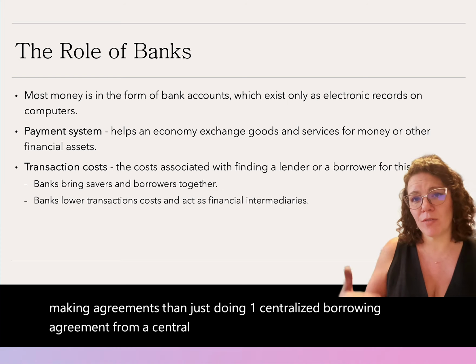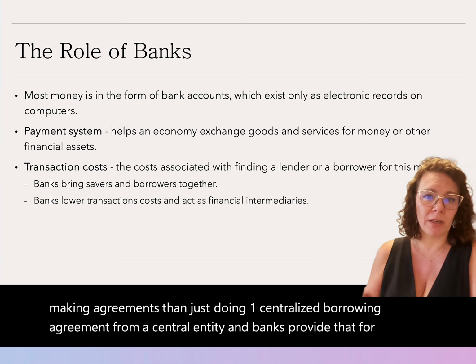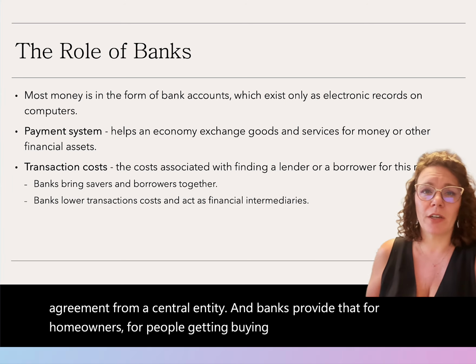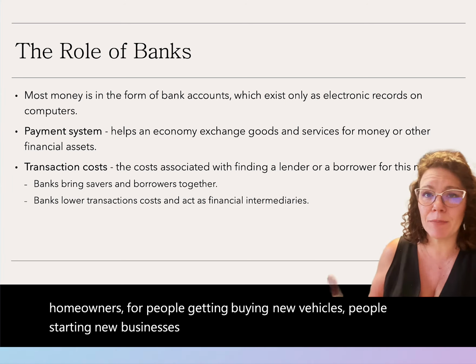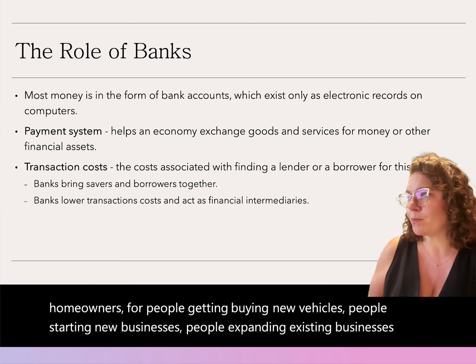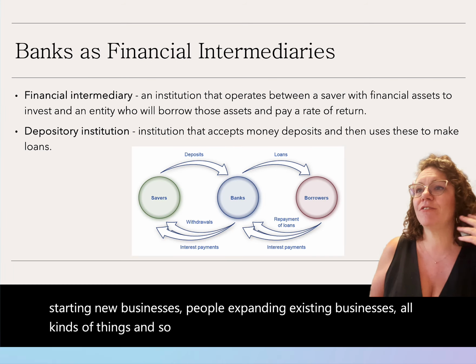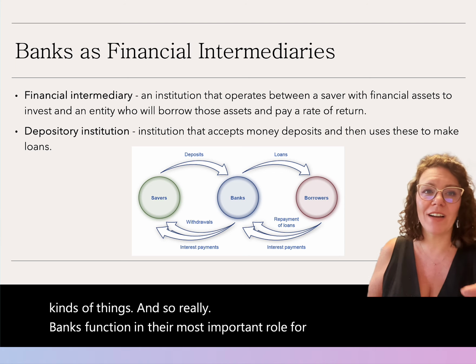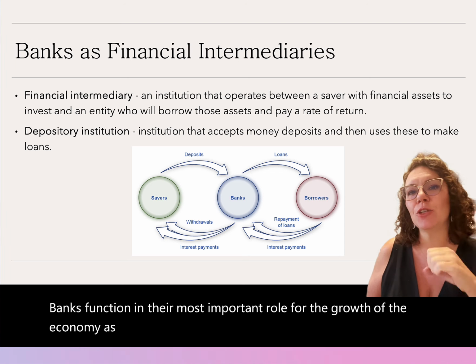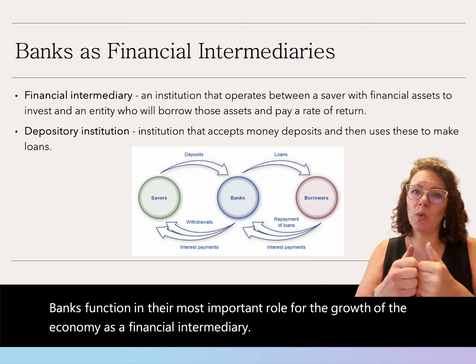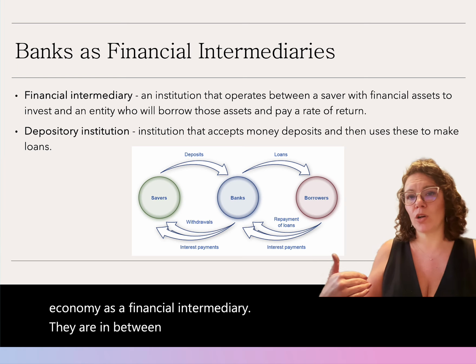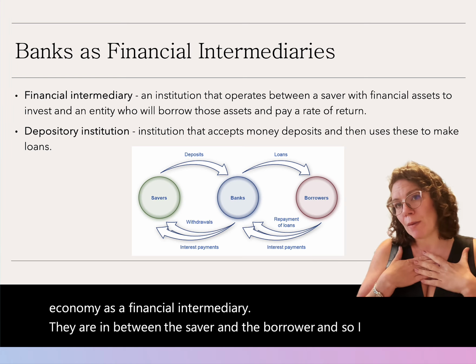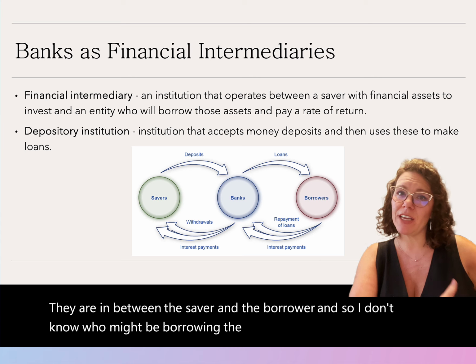And banks provide that for homeowners, for people buying new vehicles, people starting new businesses, people expanding existing businesses, all kinds of things. And so really, banks function in their most important role for the growth of the economy as a financial intermediary. They are in between the saver and the borrower. And so I don't know who might be borrowing the money I have saved in my account.